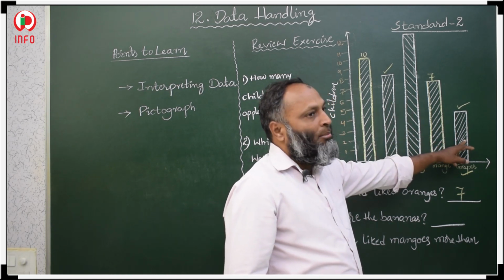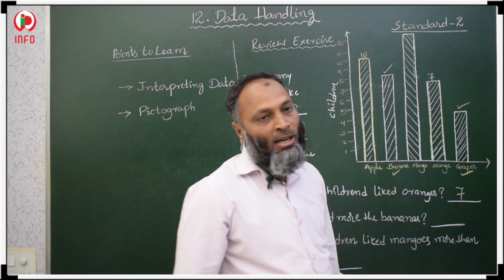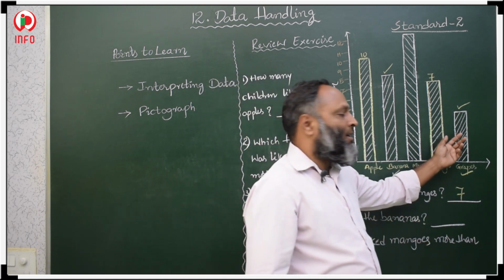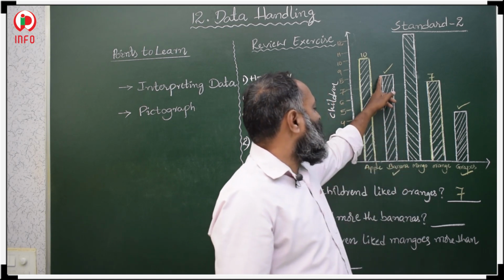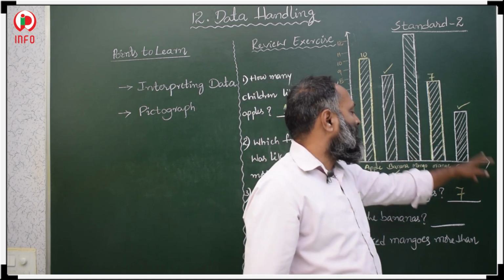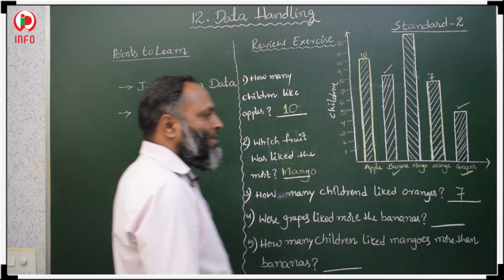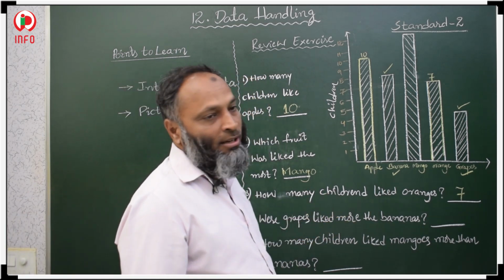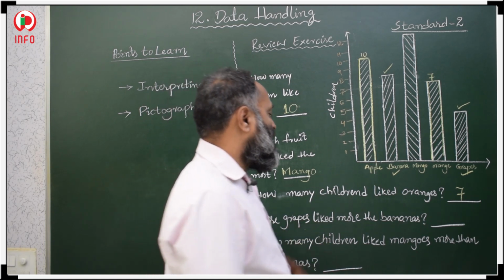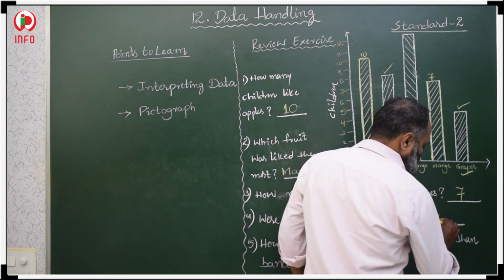The grape is less than the banana height. The banana is at 8 and the grape is at 4, which means less. So were grapes liked more? Grapes were liked less, not more. So the answer is no.